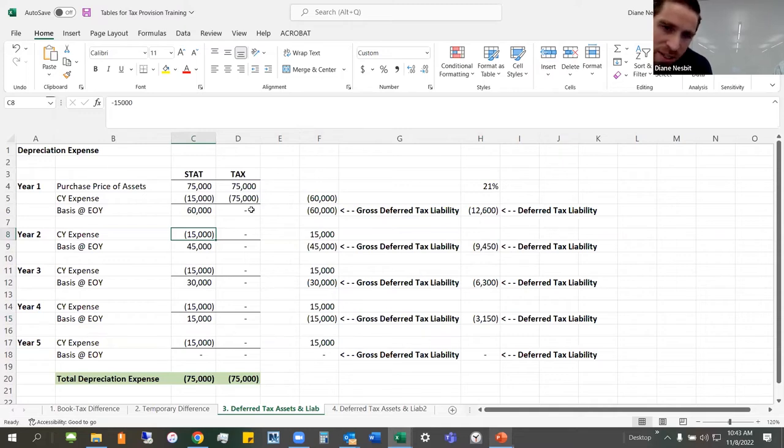It's a decent example. Jason went through the life of the asset and showed how the total expense for a temporary difference eventually is the same for book and tax, but this shows the life of a deferred tax asset or liability, and how each year when there's an adjustment, it goes down.